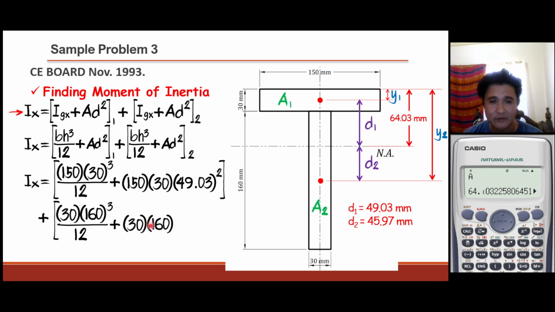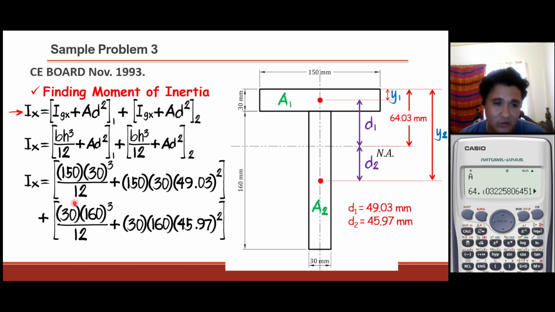Yan yung area natin. Tapos yung distance ng centroid to the parallel axis, which is D2. So yung D2 natin ay 45.97 millimeters, naka-squared. So ito na yung moment of inertia with respect to x natin for area 2.